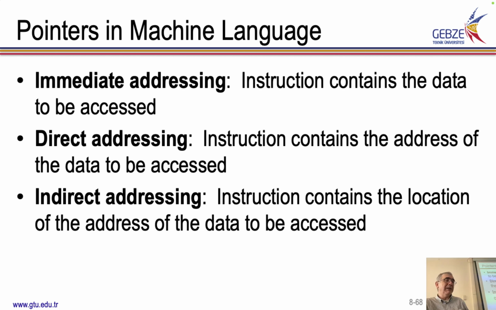We have immediate addressing, direct addressing, and indirect addressing. In indirect addressing, the operand has an address, but that doesn't contain the variable. That contains the pointer to the variable. So it provides the kind of flexibility I explained with the secretary.